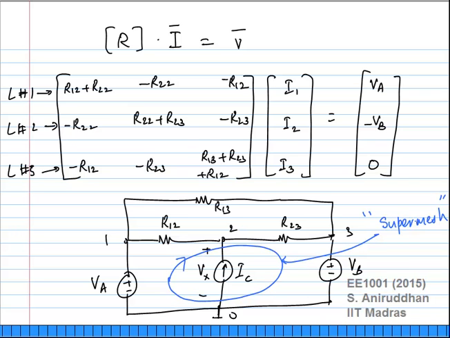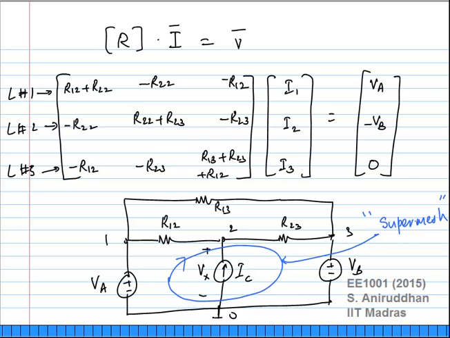In the case of nodal analysis, what extra equation did we use? The voltage source constraint, right? The difference between the two terminals of the voltage source is very well defined. We use that constraint as the additional constraint. What would you do here? The difference between the currents. It's very clear that IC is the common branch between original loops 1 and 2.